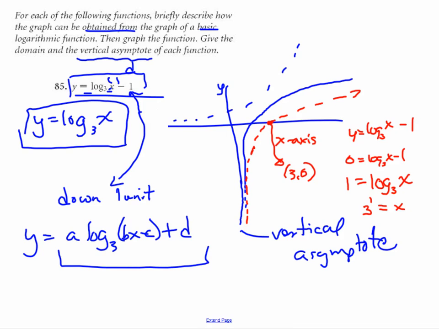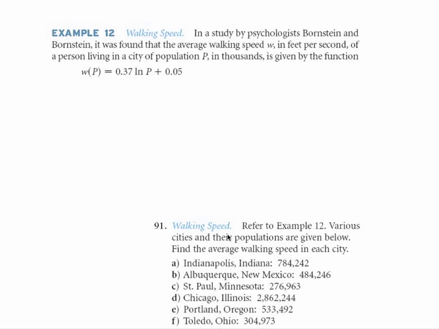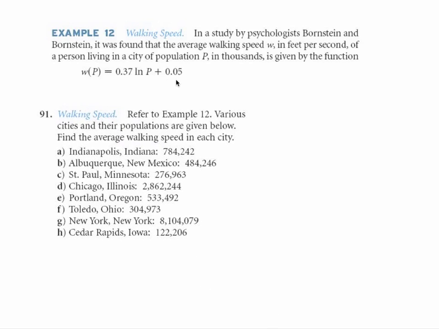Another question had to do with using a logarithmic equation to solve a problem. So here it says the average walking speed, that's W, in feet per second of a person living in a city of population P in thousands is given by this function.